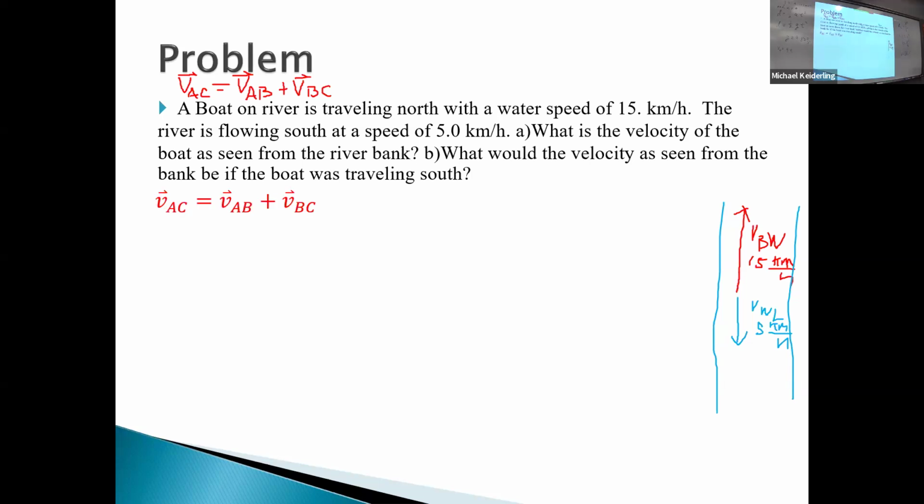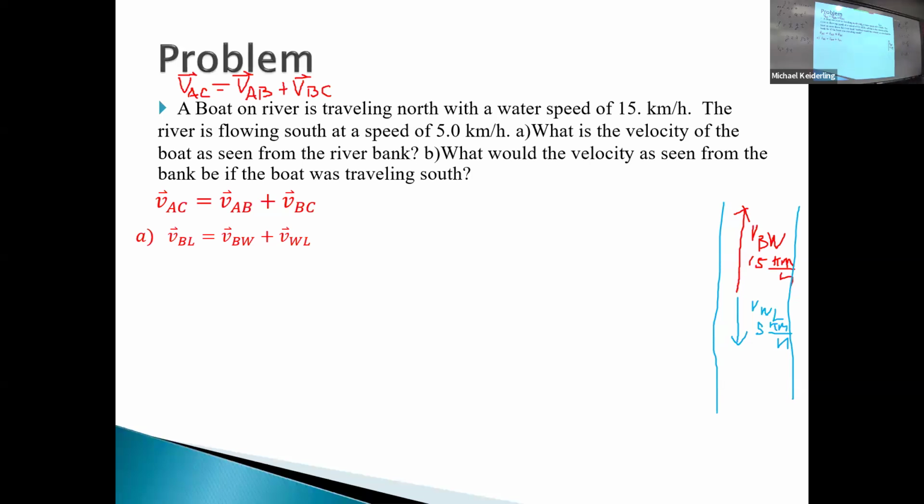The velocity of A with respect to C is the velocity of A with respect to B plus the velocity of B with respect to C. So the velocity of the boat with respect to the land is the velocity of the boat with respect to the water plus the velocity of the water with respect to the land.